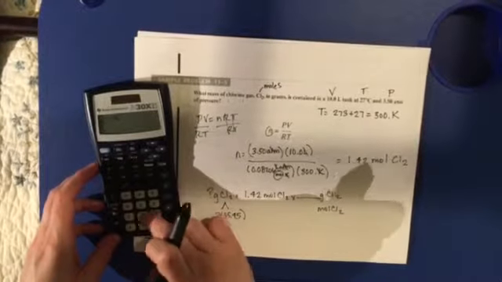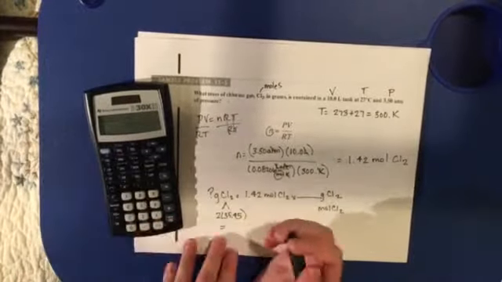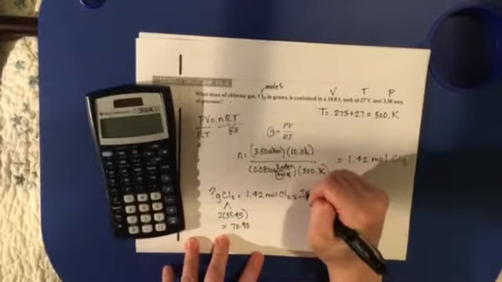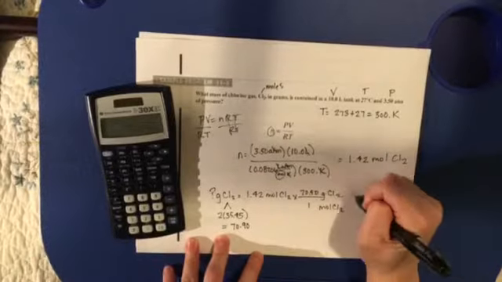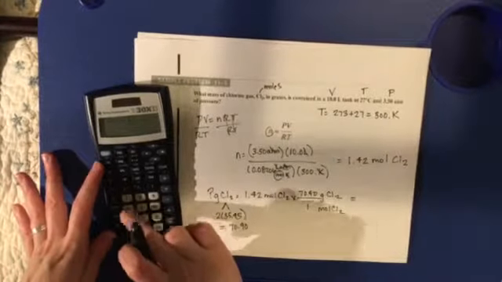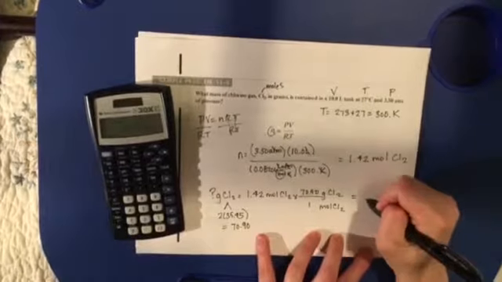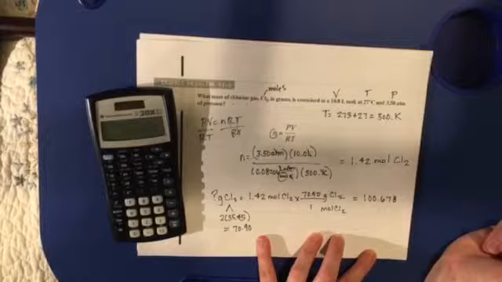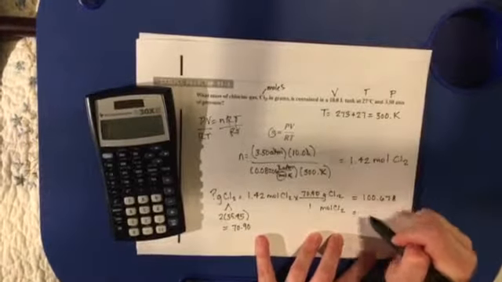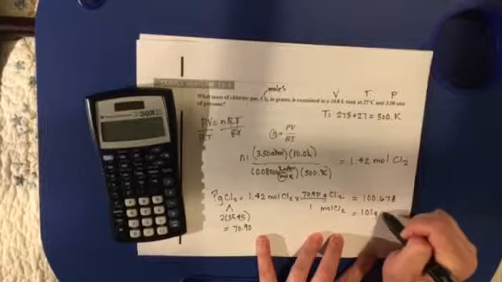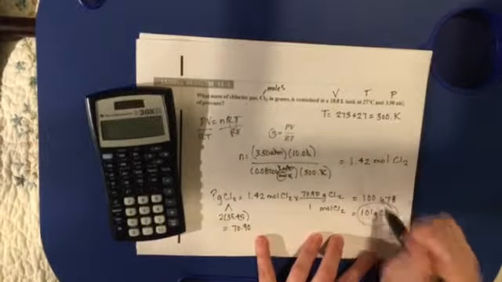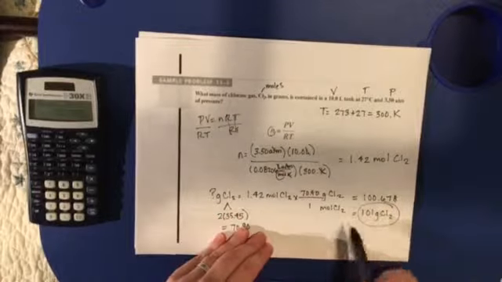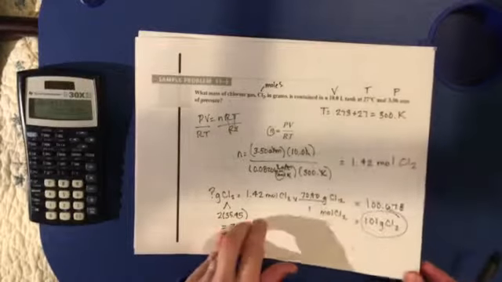So 2 times 35.45, 70.90. So then times 1.42 equals 100.678. We want 3 significant figures, so that rounds to 101 grams of chlorine gas. So first I found moles, and then I converted that using molar mass.